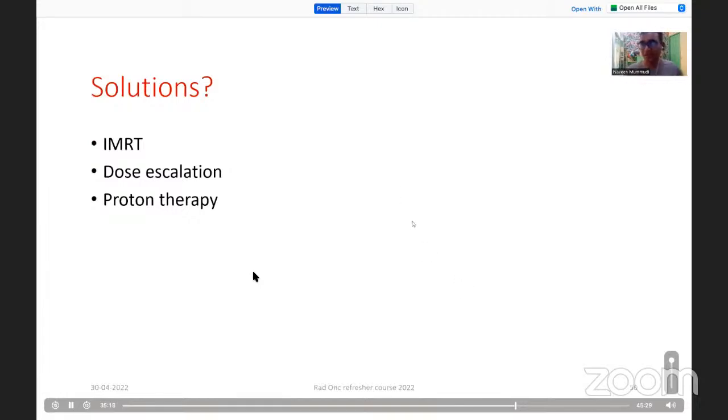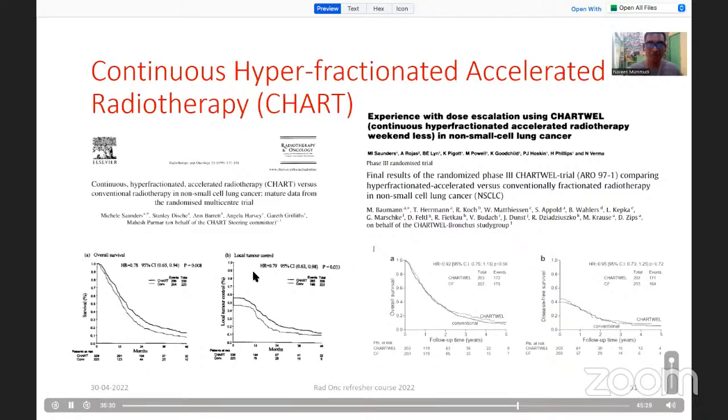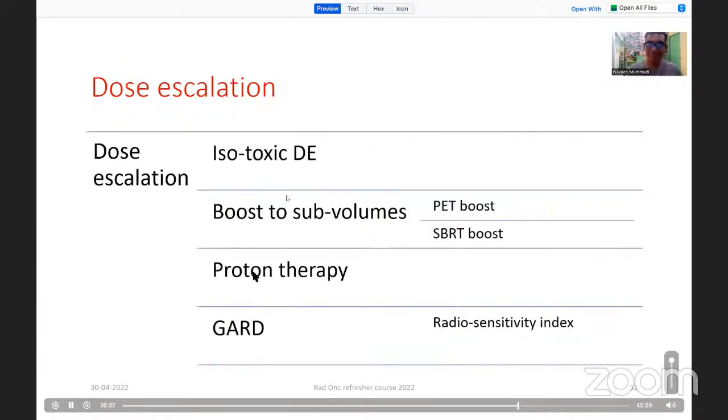So as I mentioned earlier, dose escalation by using uniform dose escalation has not worked. People are looking at various ways of doing it. One way of doing it is by using something called isotoxic dose escalation, wherein you keep the dose to the normal structures at a threshold, and you increase the dose to the target without increasing the dose to the normal tissues.